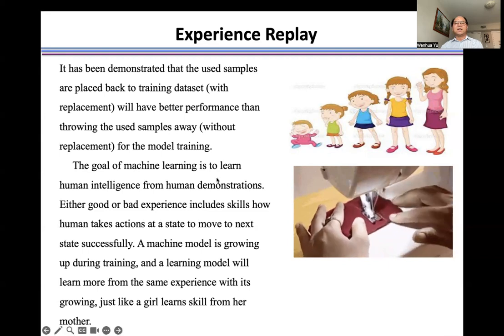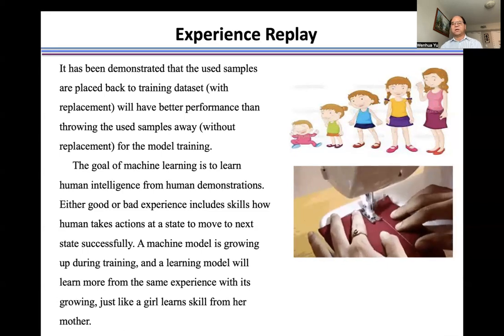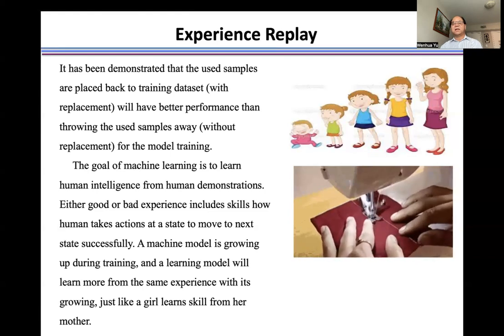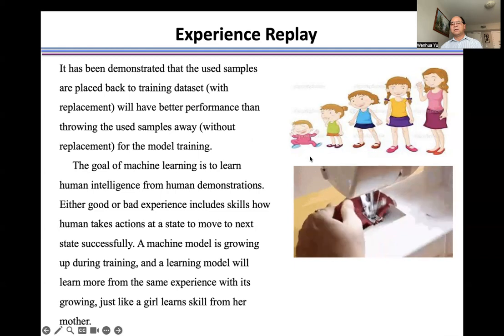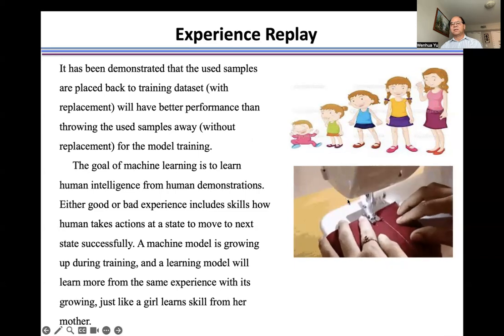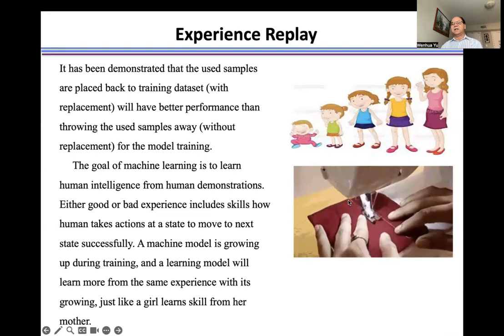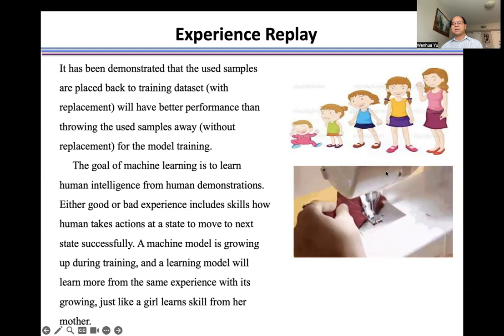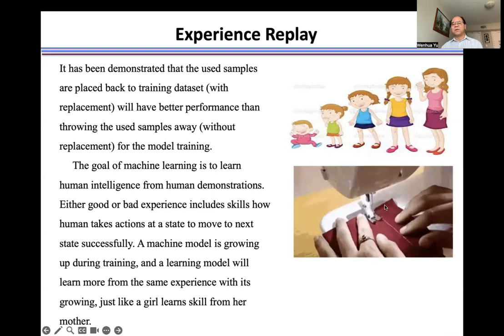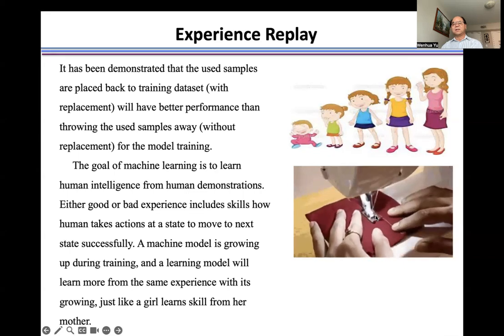Now the idea is here for using the experience replay for Q-learning. Just like when a little girl learns tailoring from her mother. When she is very young, she just gets the idea. When she grows up, then she learns more skills from her mother.